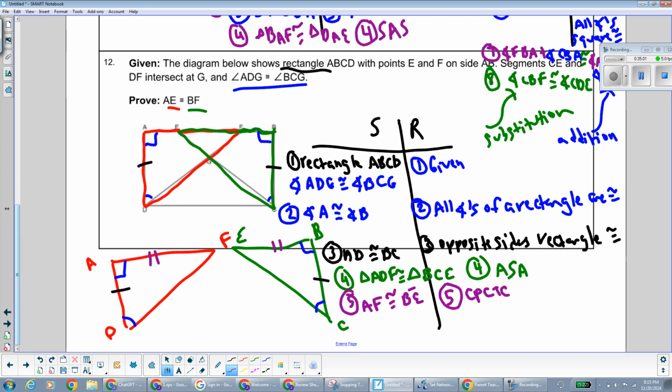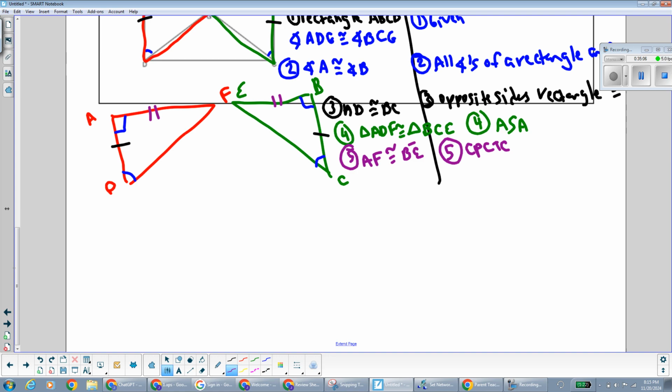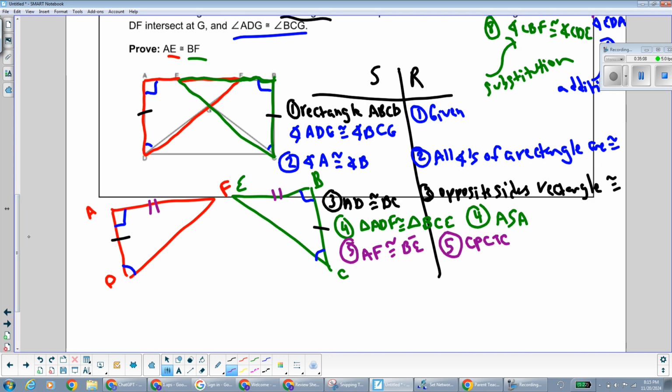And now we just need to do our subtraction. So let's talk about what that subtraction is going to look like. You just get a little bit more space here. So we're starting with AF. Here's AF. And we need to arrive at AE. So this is the piece that needs to come off, EF. So I'm going to write that down over here.